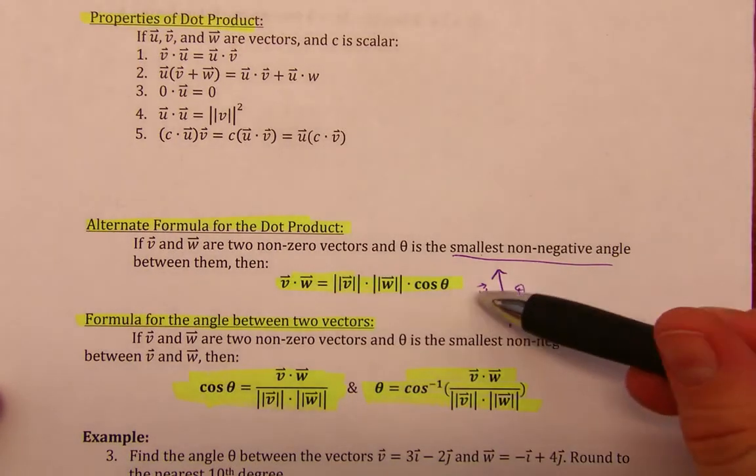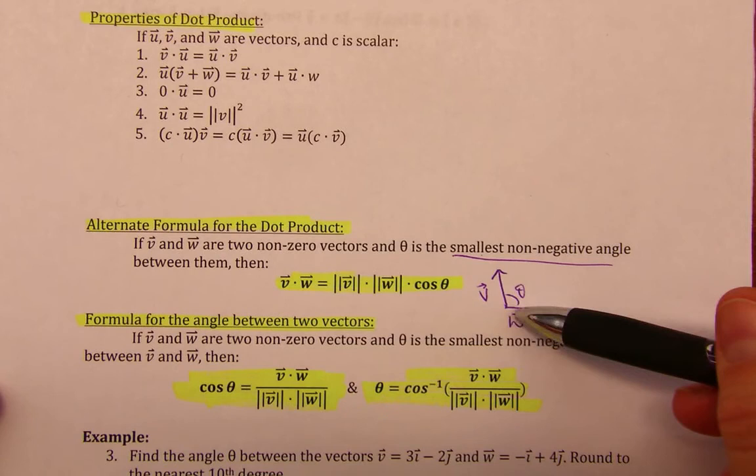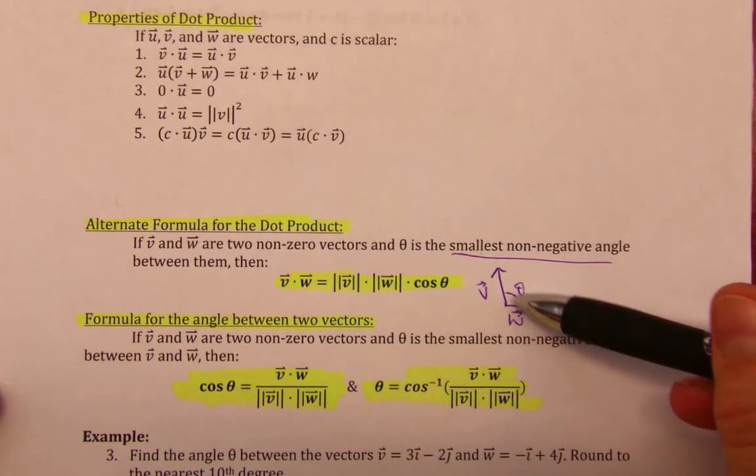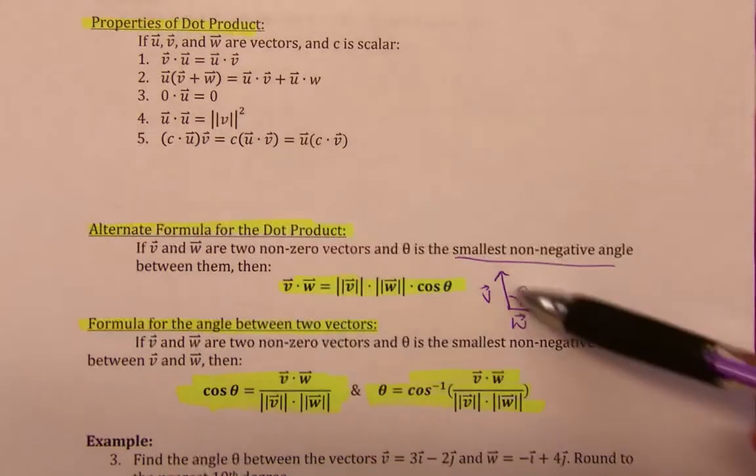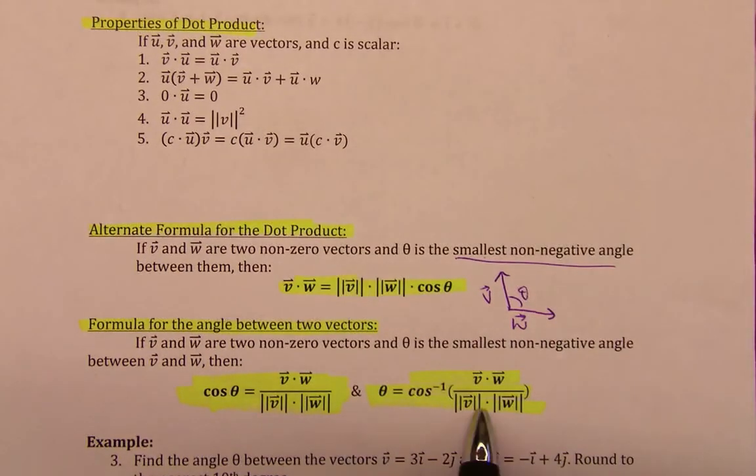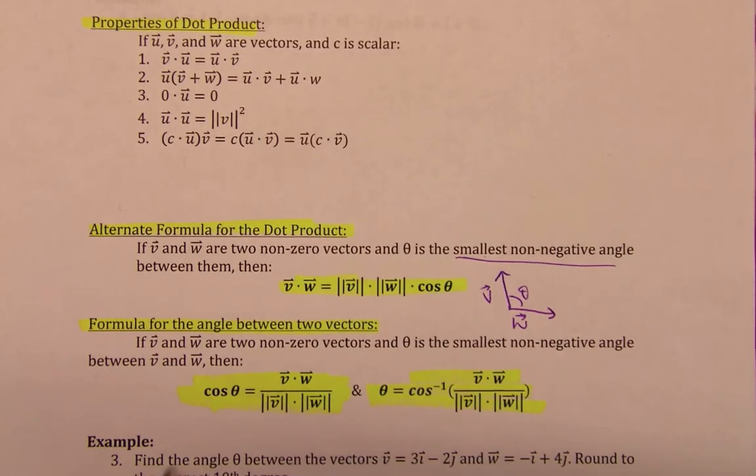I would not use this angle. That's not the smallest angle, and it's non-negative. This is positive. So how do we find the angle between the two vectors? We can use cosine of theta, and then doing inverse cosine of that value gives us our angle theta.